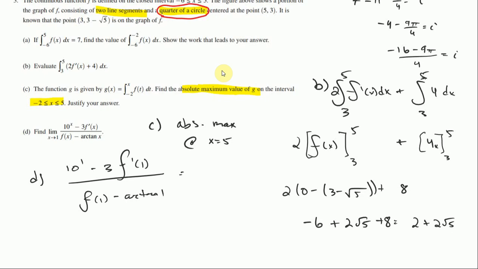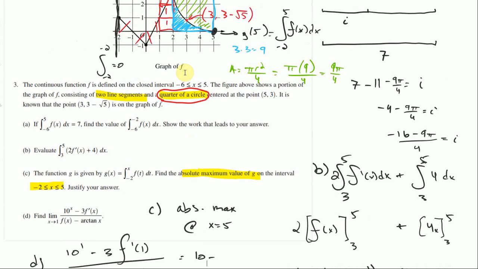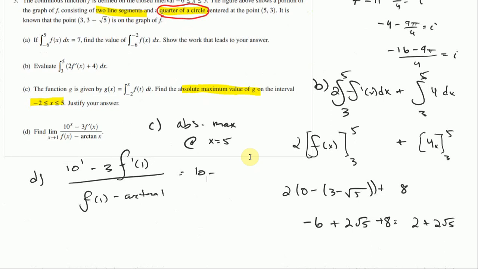All right, so that looks like 10 minus 3 times, well, what's f prime of 1? F prime of 1 looks like it's positive 2. 10 minus 2, well, we're not in 0 over 0 form now. Oh, wait, it should be 3 times that. I'm still not in 0 over 0 form.